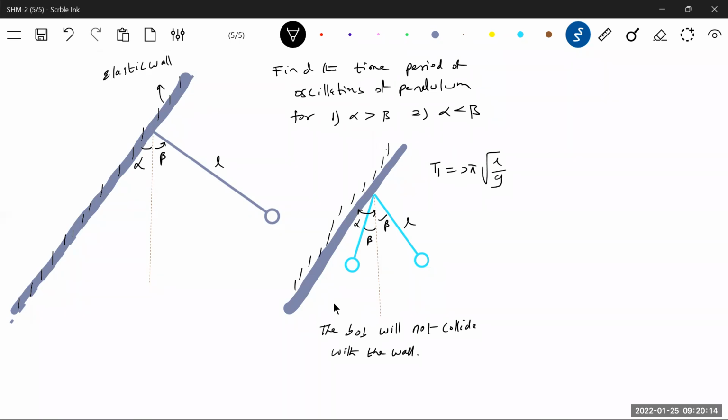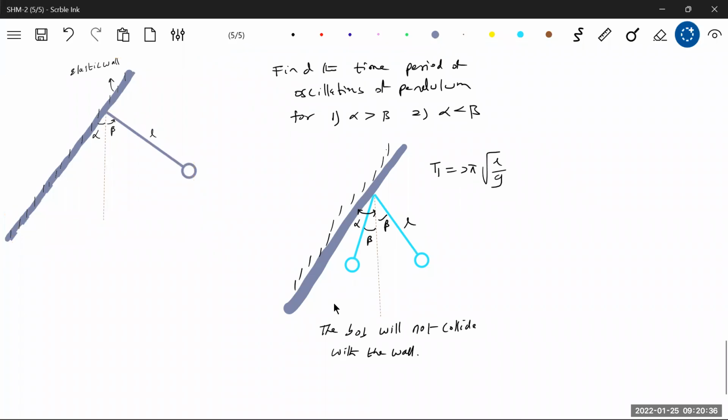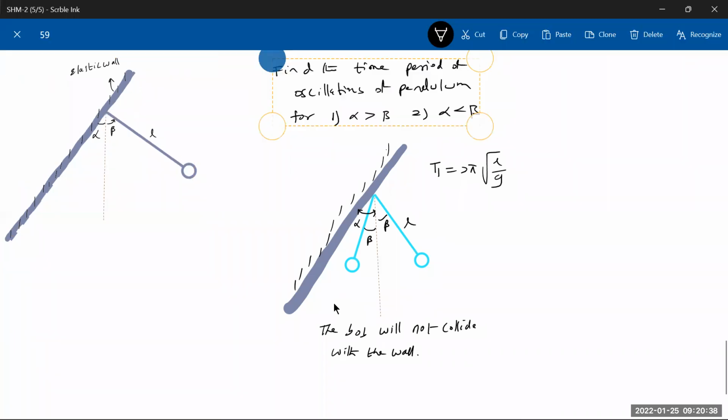Second case, we'll go for it. If alpha is less than beta, we'll try to wind up everything here.